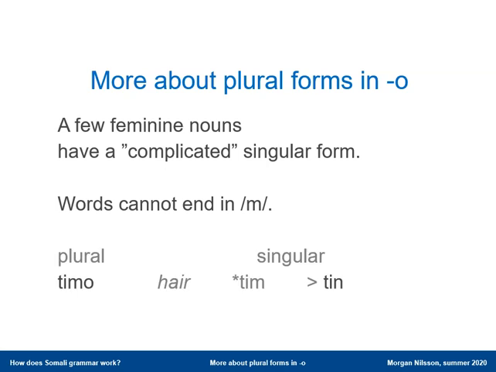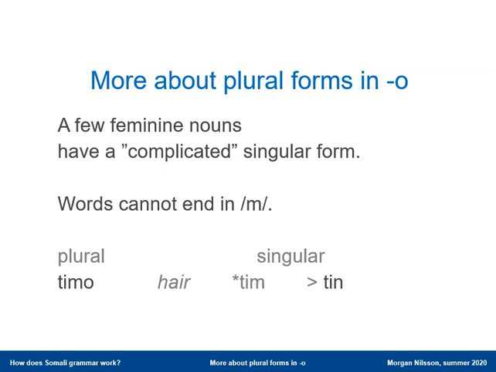Anyhow, Somali words do not end in m, and if the stem of the word ends in m, that is what we will have in the plural before the ending o. So we have hair, hairs on the head, timo, which is a plural noun in Somali, because there are many small thin hairs on a head.